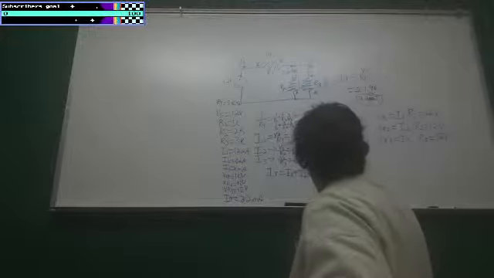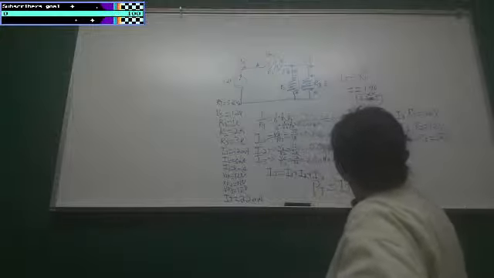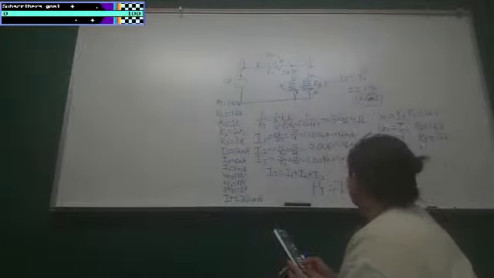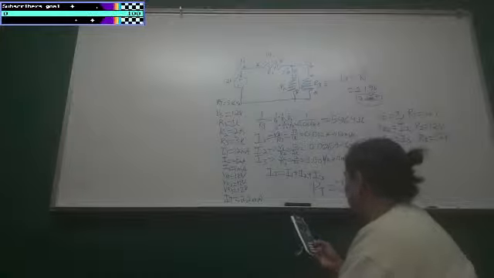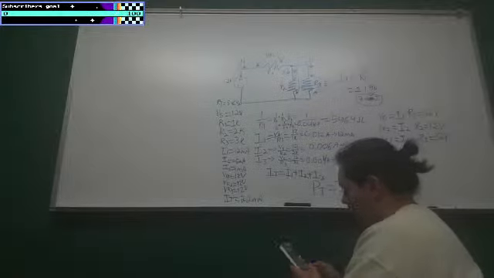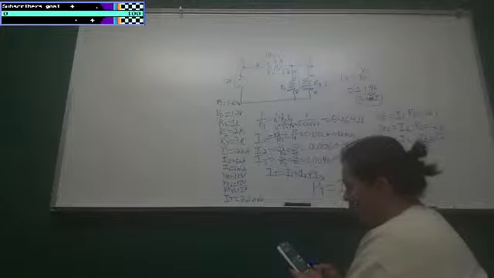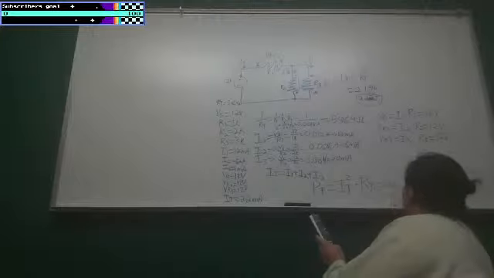Which is just I squared times R total. So our I total squared is 22 squared times 546.4. Oh, which is just 26.44.